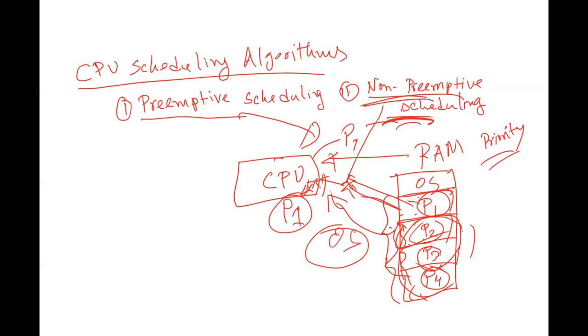So your CPU cannot preempt a process even though a higher priority process is available inside the RAM. This is the non-preemptive scheduling algorithms.